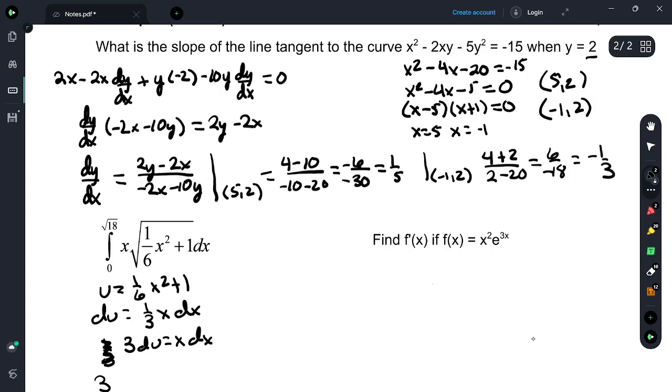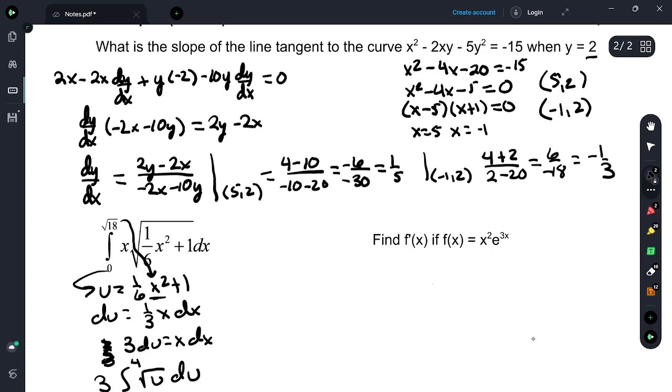So we need 3 integral square root of u du. But now let's change these x values to u values. So if I plug square root of 18 in there, that's 18. 18 divided by 6 is 3. 3 plus 1 is 4. And if I plug 0 into that x right there, we get 1.